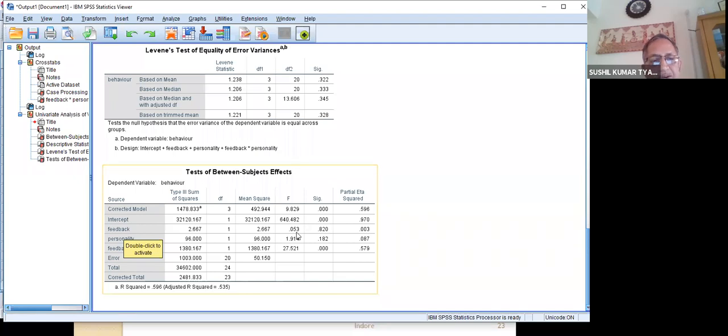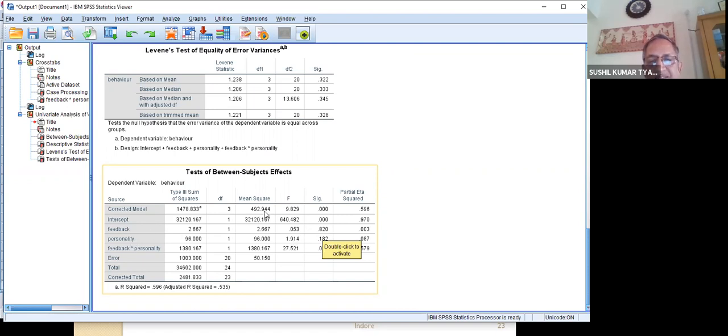So first we interpret F for feedback. Its significance value is 0.820, which is greater than 0.05, therefore not significant. Therefore, feedback has no significant influence on behavior.